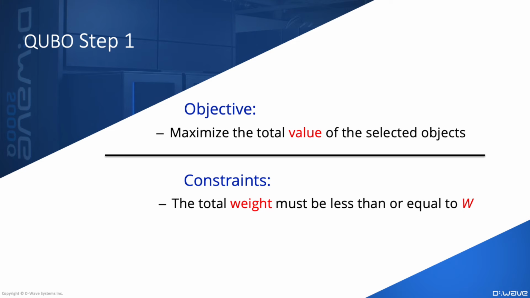So now let's get started on building the QUBO for knapsack so that we can run it. The objective is to maximize the total value of the selected objects. And the constraint is that the total weight must be less than or equal to this number W, which is provided.